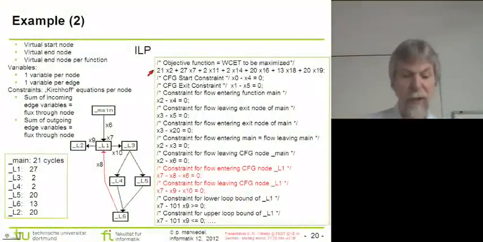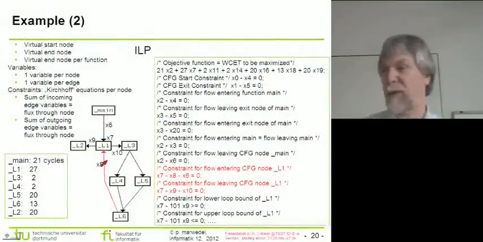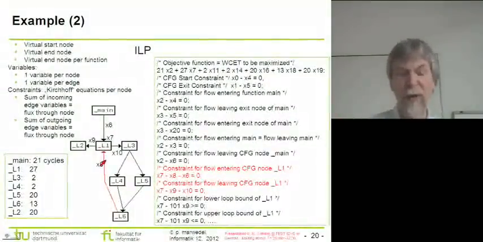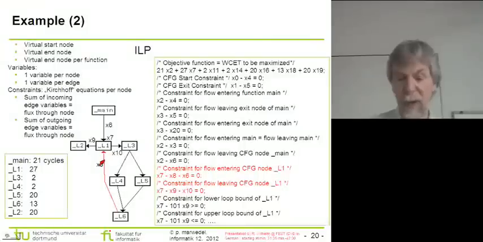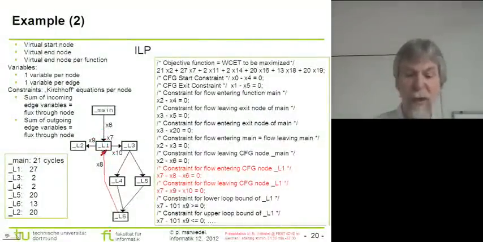And using constraints, we have to model the structure of this control flow graph, and these constraints are kind of Kirchhoff equations for the flow into and out of a node. I've highlighted the flow into and out of this node L1.